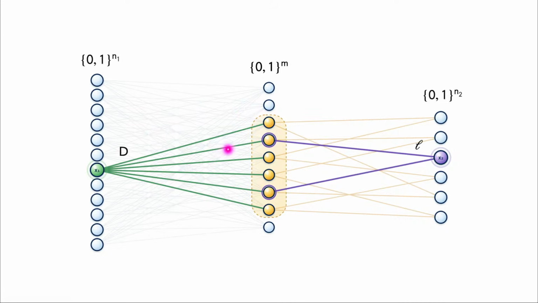The first sampler gives me capital D points. And then I use the second sampler to subsample from those D points. So overall I'm spending n1 plus n2 random bits, and I only have l samples. So I'm subsampling.